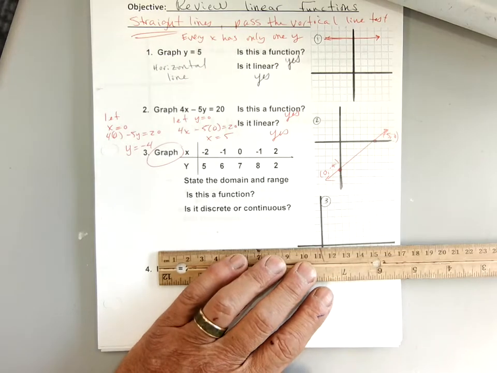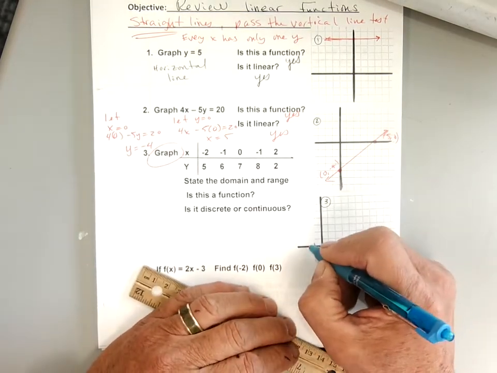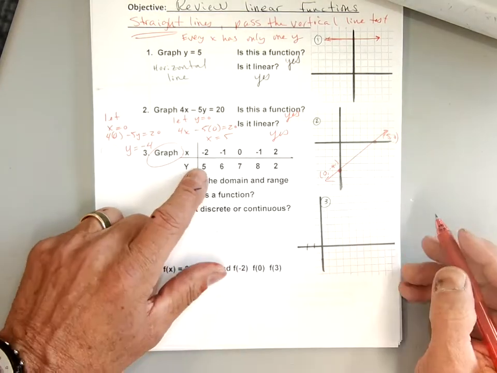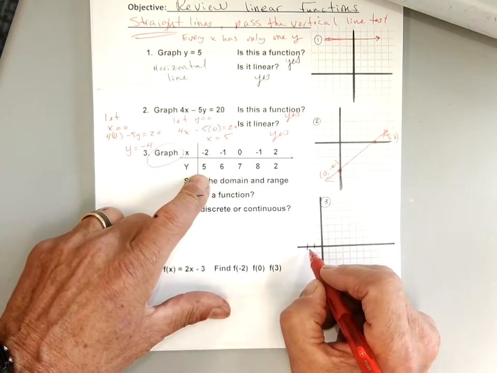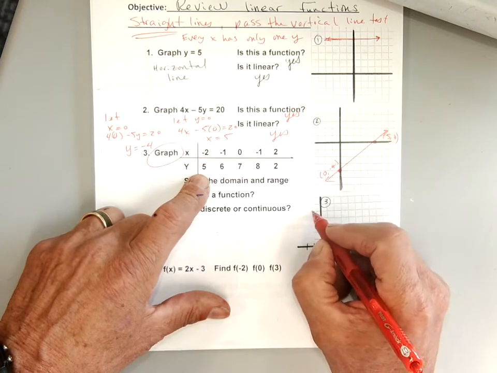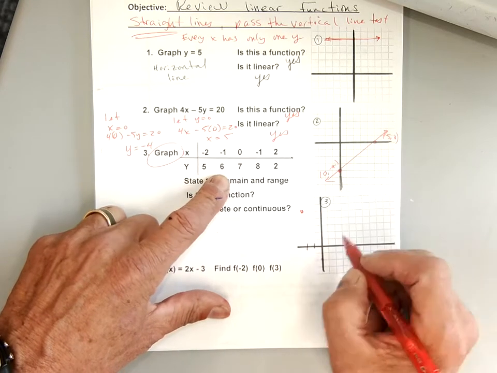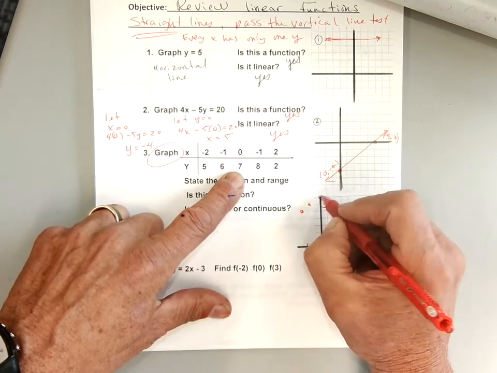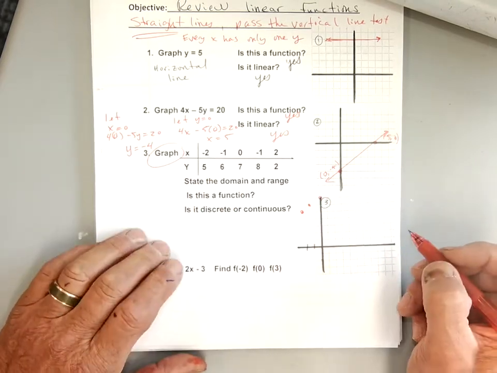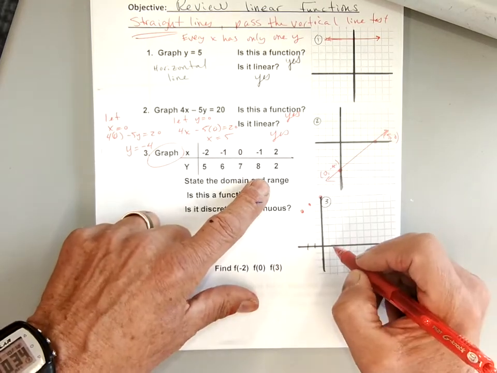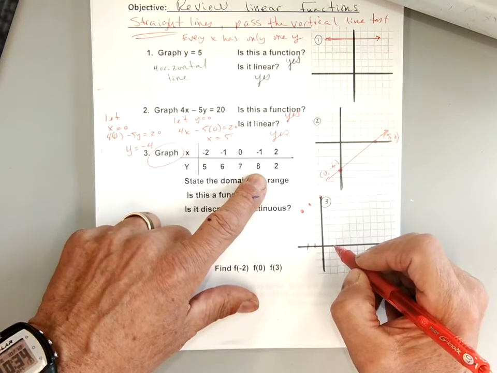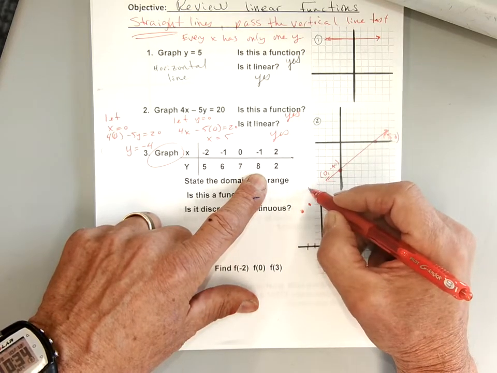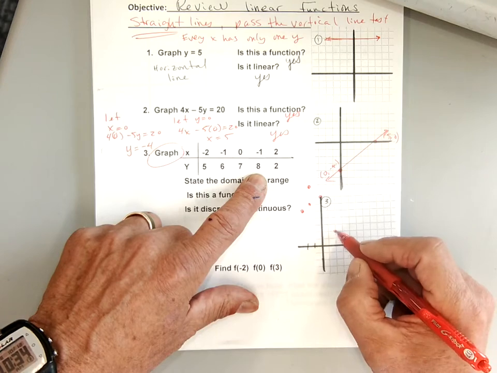My bad. (-2, 5), about there, okay? (-1, 6), (0, 7). Oh man, I really made my graph the wrong size, didn't I? (-1, 8). Uh-oh. And (2, 2).